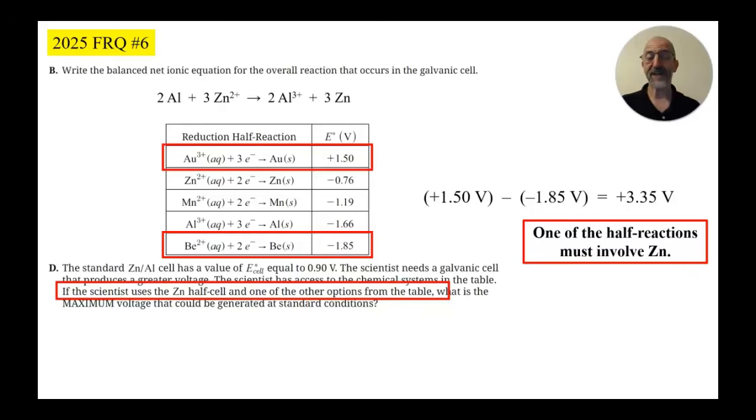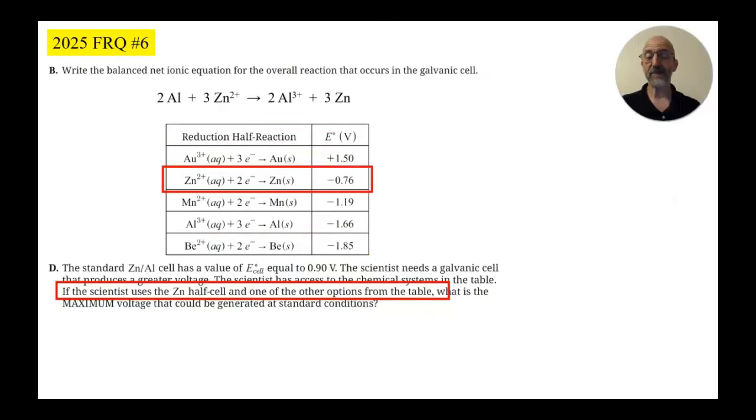One of the half reactions must involve zinc. Now, zinc is negative 0.76. So if I flip it, that would be positive 0.76. But if I do reverse that reaction, I need another one to be combined with it. So I can't reverse both reactions. I have to reverse only one of them. So I'm reversing the zinc, which makes that an oxidation. So which reduction should I use?